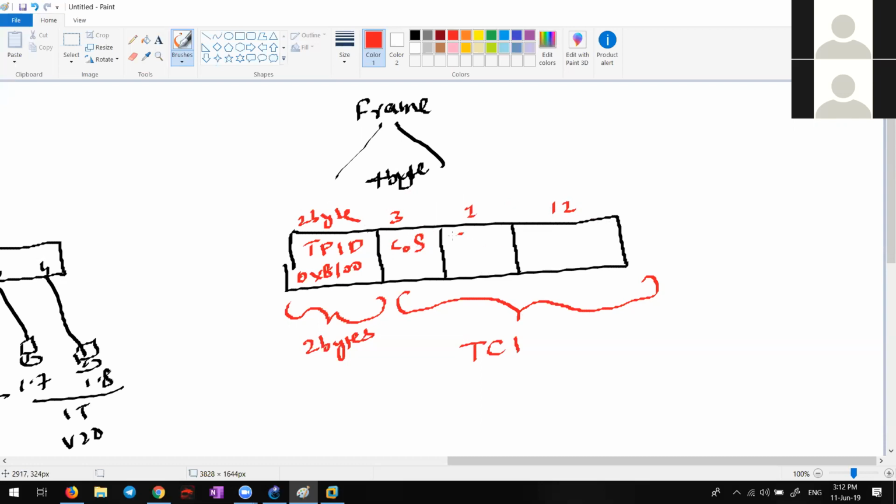And 1 bit is called the canonical bit. And this 12 bits will be used for the VLAN ID. Okay? Got an overview at least?